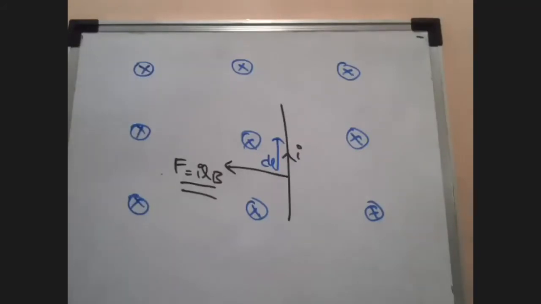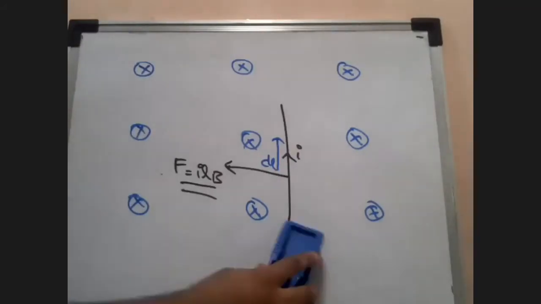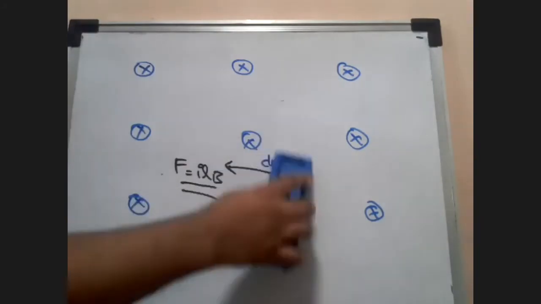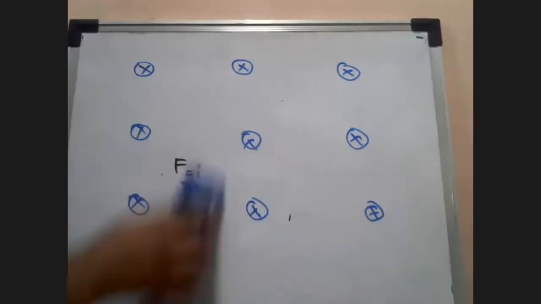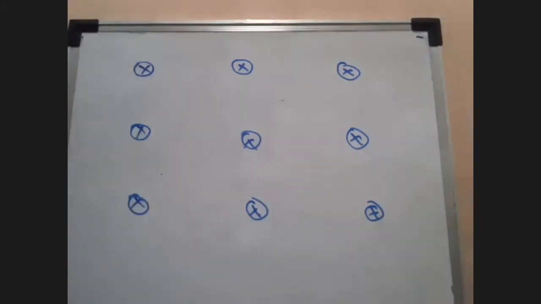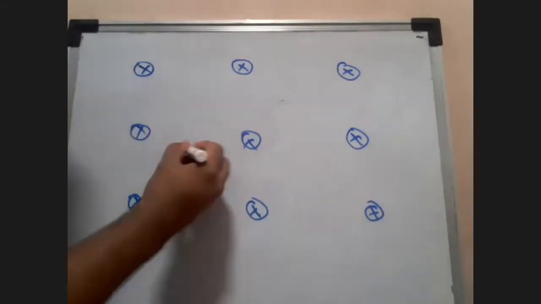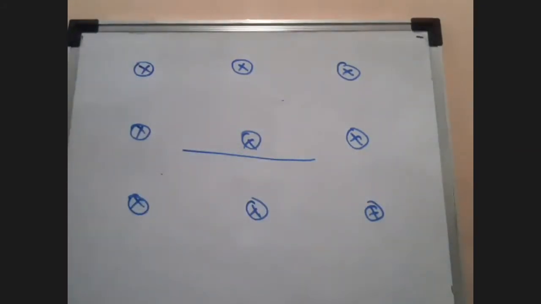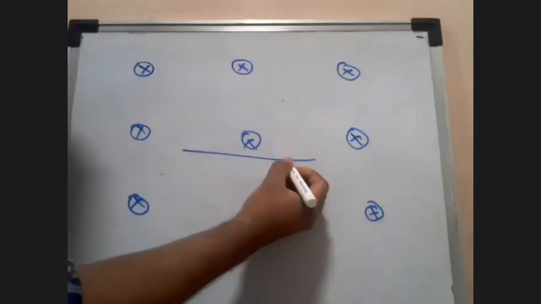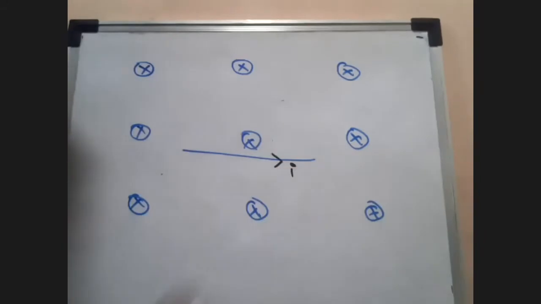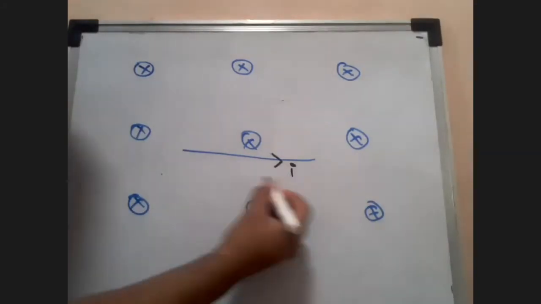Now in case the conductor over here was in this direction, and the current carried by this conductor is in this direction, where is the force, students? It seems easy.